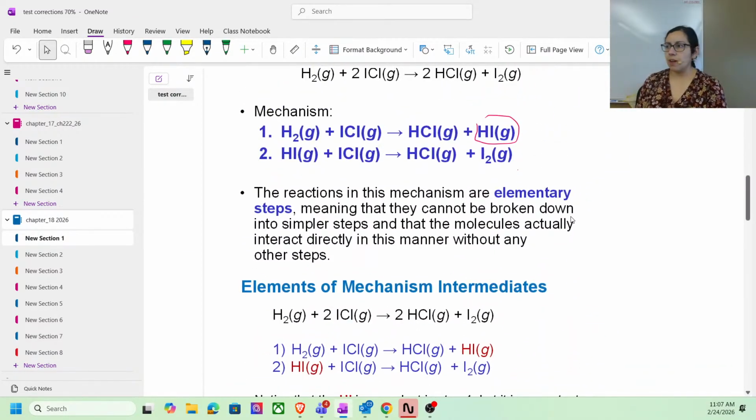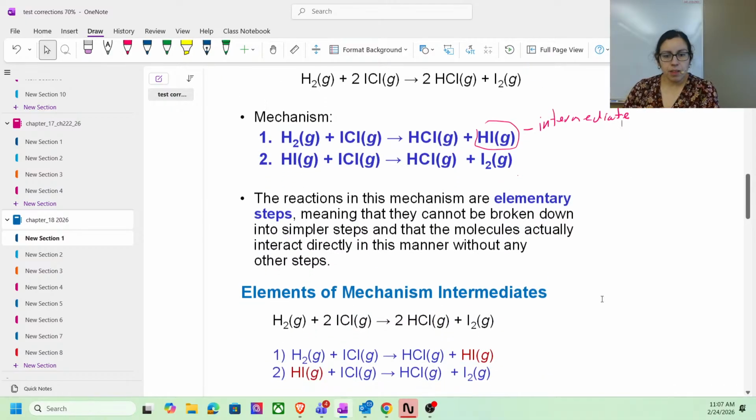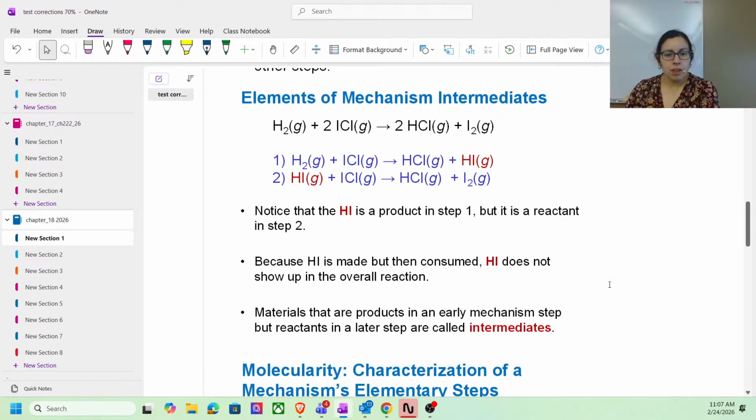And so now we can define what HI is. Looking at our mechanism, HI is not in our overall reaction. It's not a reactant, it's not a final product. And so instead, this is considered an intermediate. And I believe it's defined down here: materials that are produced in early mechanism steps and then are reactants in later steps are intermediates.